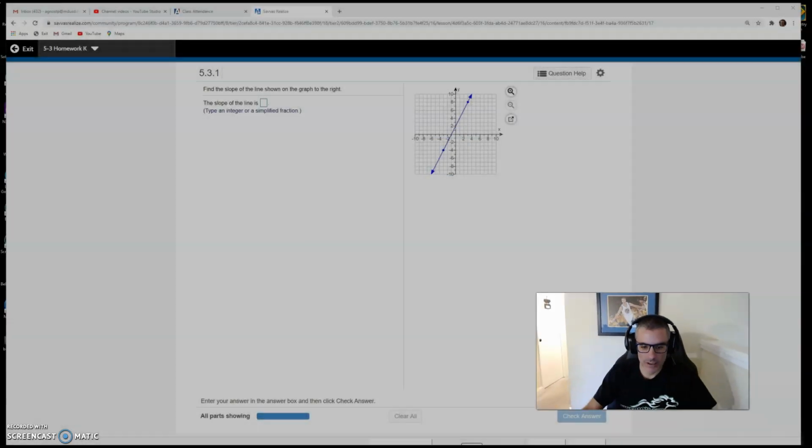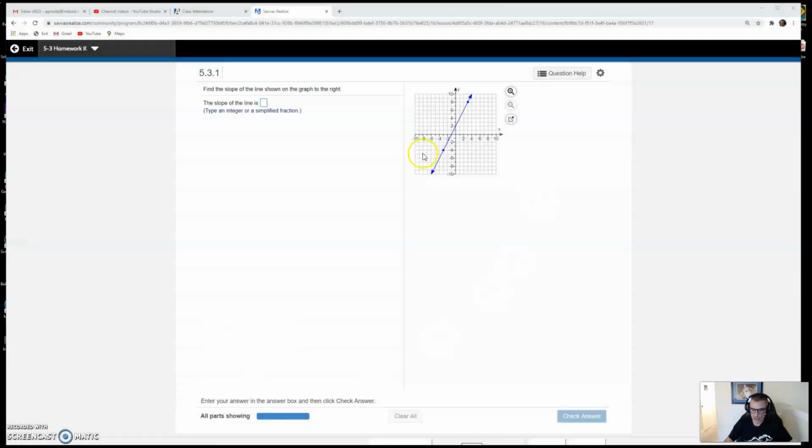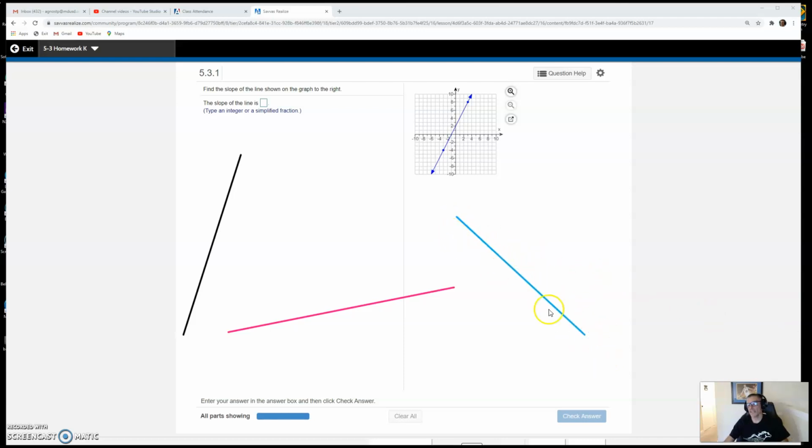So let me give you a quick few examples here before we get into this problem. What I'm talking about is when I go to graph a line, I might have a line that's really steep like this. I might have a line that is really shallow like this, if shallow is the right word. I might have a line that goes down. And when I say down, we always read graphs from left to right.